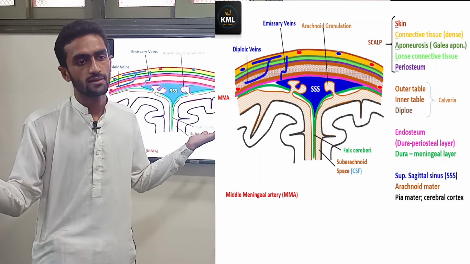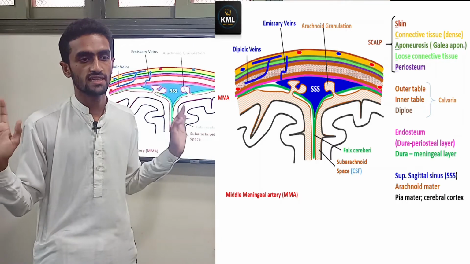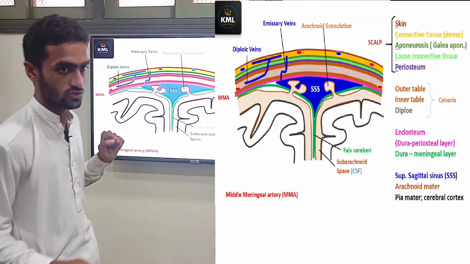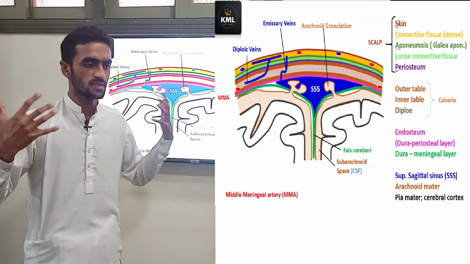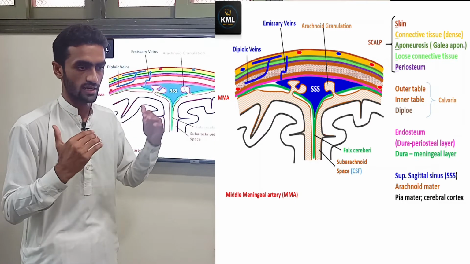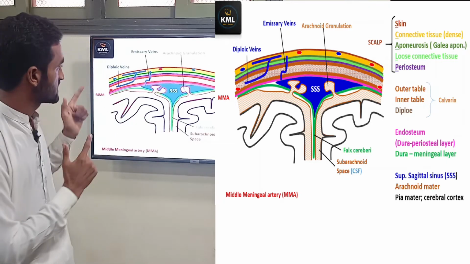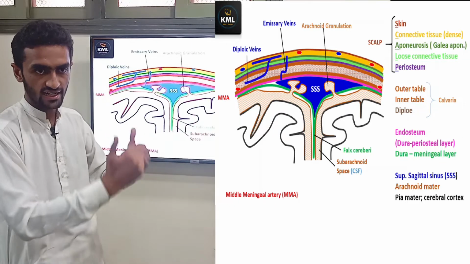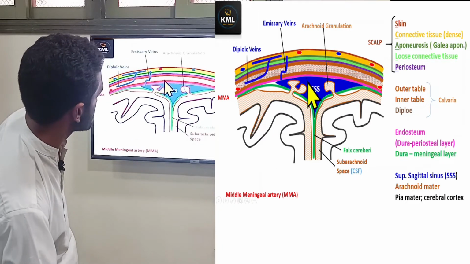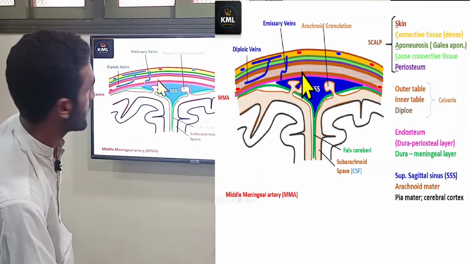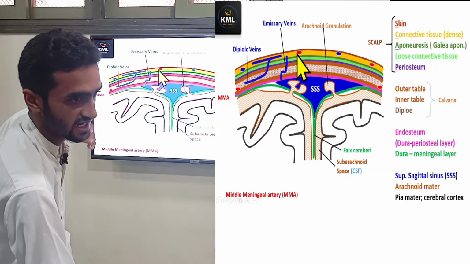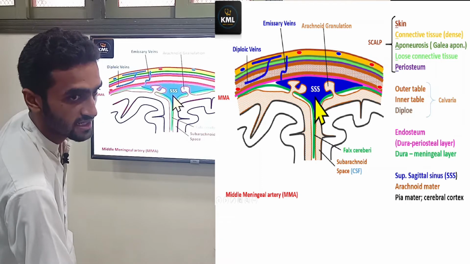In the subarachnoid space, the major important thing is the CSF. And you can see emissary veins. Emissary simply means a messenger system which connects. Can you see this emissary vein connecting the outside of the skull, extracranial, and intracranial? This is the calvaria, and this part is considered the extracranial part, and this is considered intracranial.